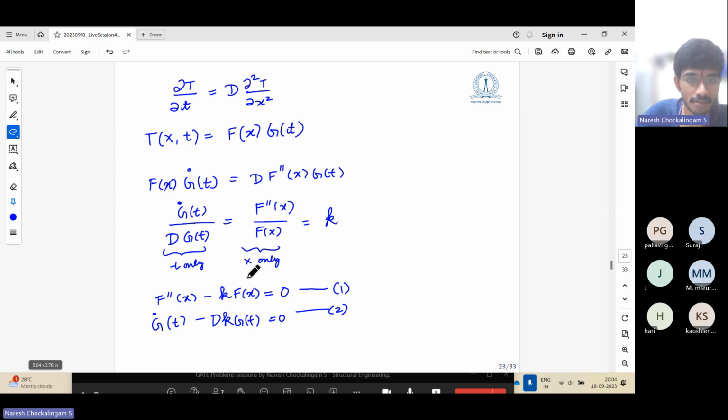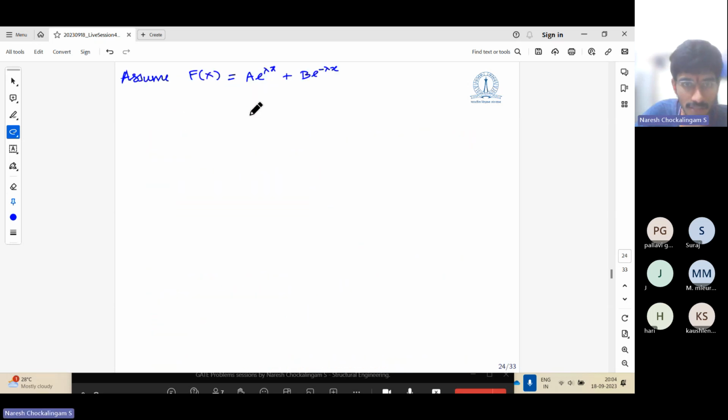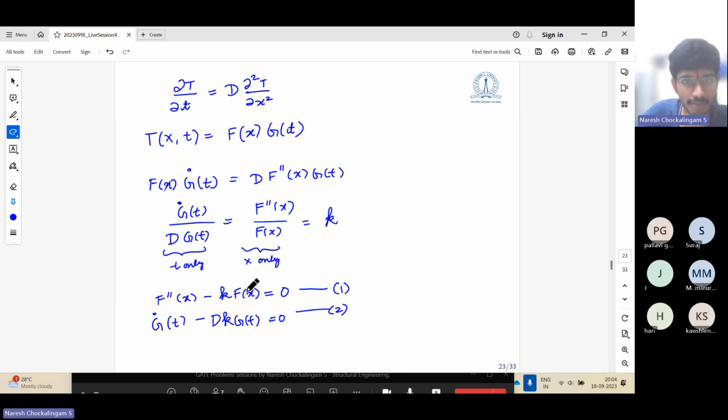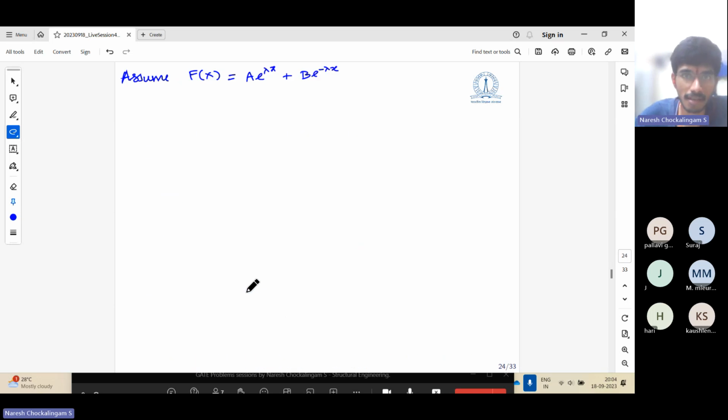So if you substitute this into the governing equation 1, what do you get? You get f double dash of x. What is f double dash of x?